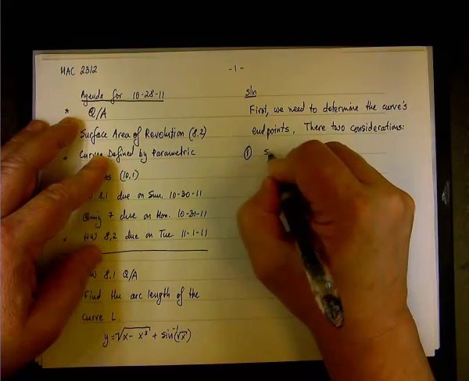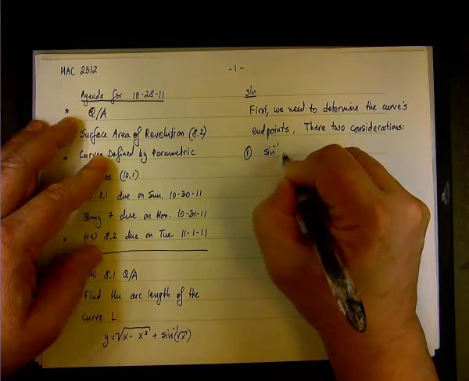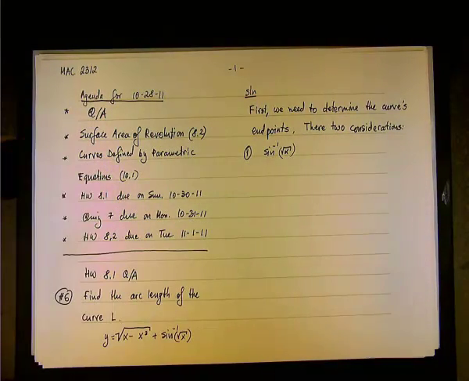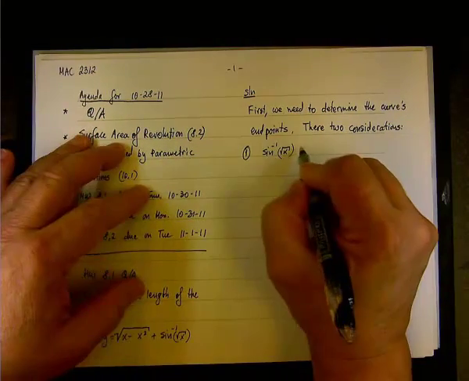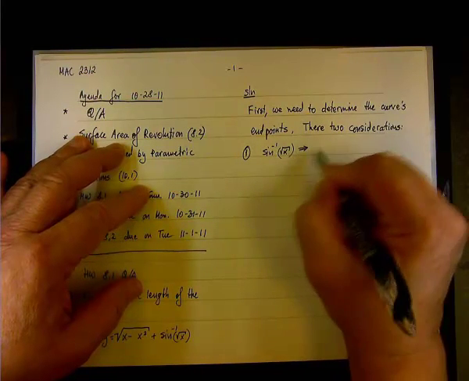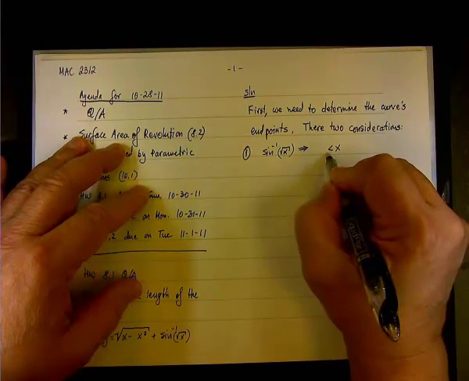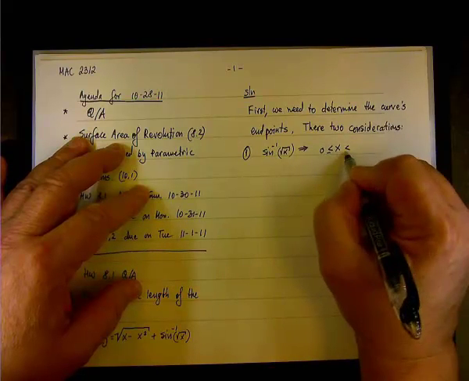And I'll start with the one that really does not apply. One is the inverse sine of the square root of x. First of all, the square root of x eliminates the negative pi over 2. So this will give us 0.